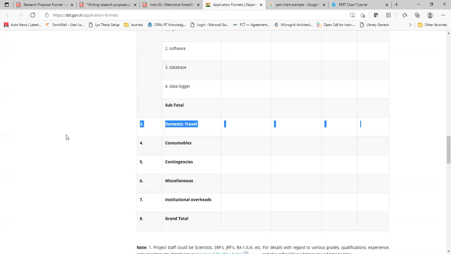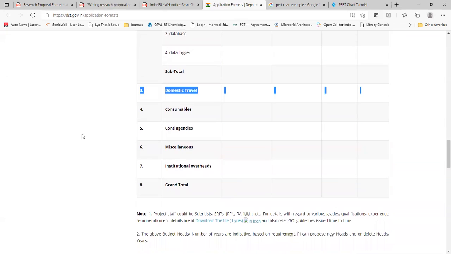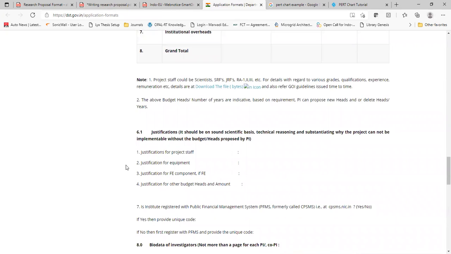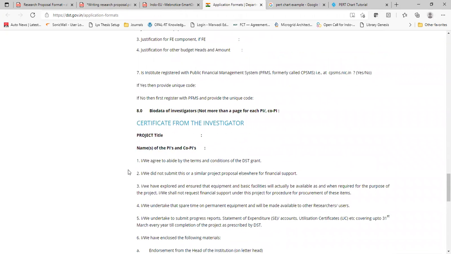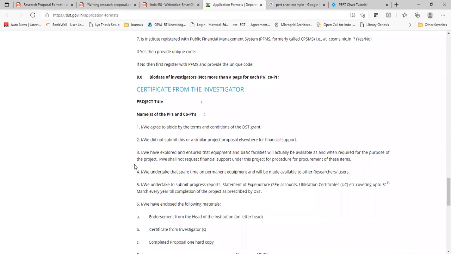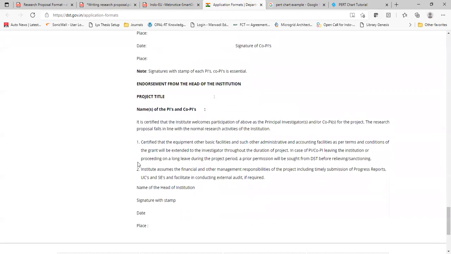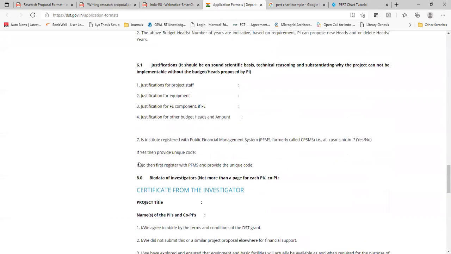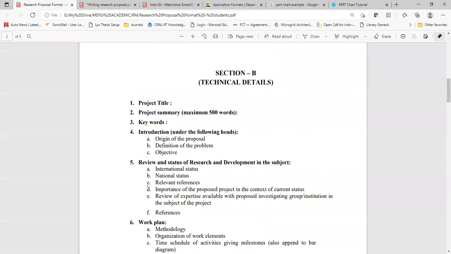So you go to a particular location, take your product there and test it under that environment. That involves domestic travel, so it is written here. Others are fine. You don't need to go much into the detail. What I want you to learn is this part.